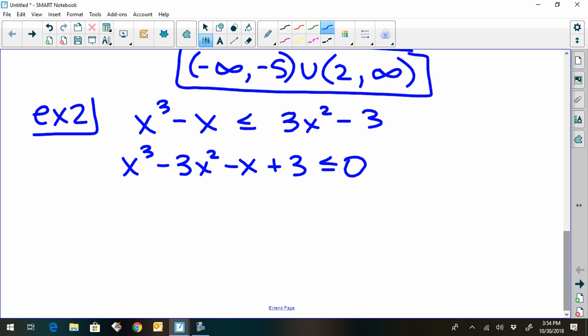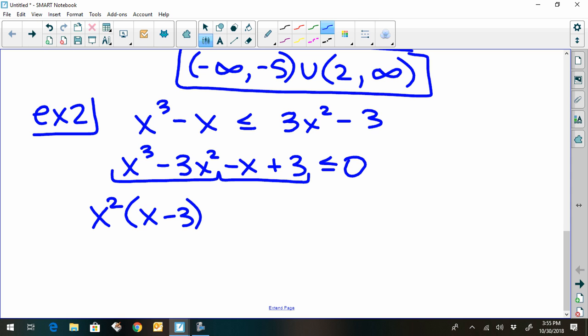Now notice how well I did that. I put it in standard form, so our exponents are decreasing. And now I'm going to try left side, right side, because I've got 4 terms. So left side, right side, my factor over here, I've got x squared times x minus 3. I always bring down the third symbol. So this is positive, this is negative, so I'll bring down the negative.